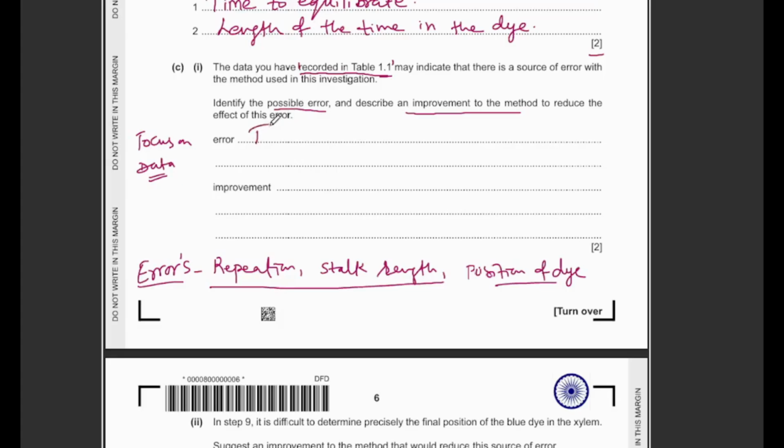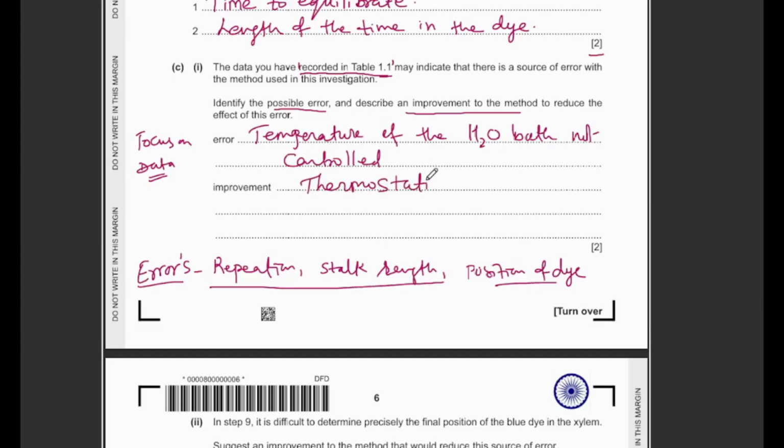So the temperature of the water bath is not controlled. This is the possible error. And how can we improve it? We can improve it by the thermostat method: control the water bath thermostatically.